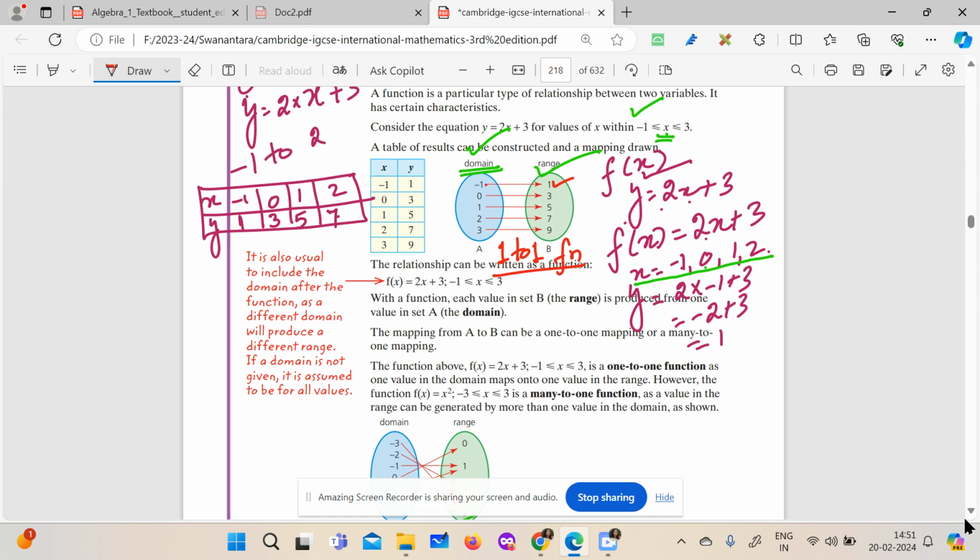See, minus 1 has got 1. Among the rest of the values of x, no one takes the value of y as 1. Every value of y is different here. Then 0 is 3, then 1 is 5, and then 2 is 7. So you can see all of that, right? So we call it a one to one function.